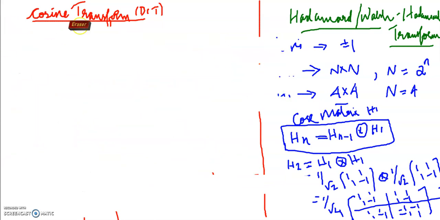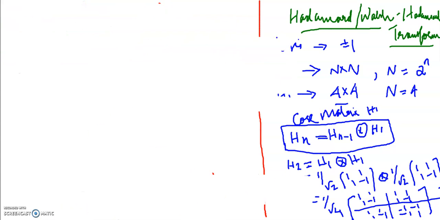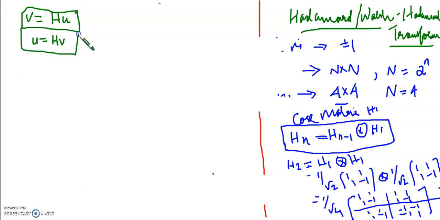Consider I am having an input sequence U. If I want to find out the Hadamard transform of U, the Hadamard transform is represented as V equal to Hadamard matrix H into U. Or you can write down the inverse: U equal to H into V. So this is how I found out the Hadamard transform and its inverse, where H is a Hadamard matrix.